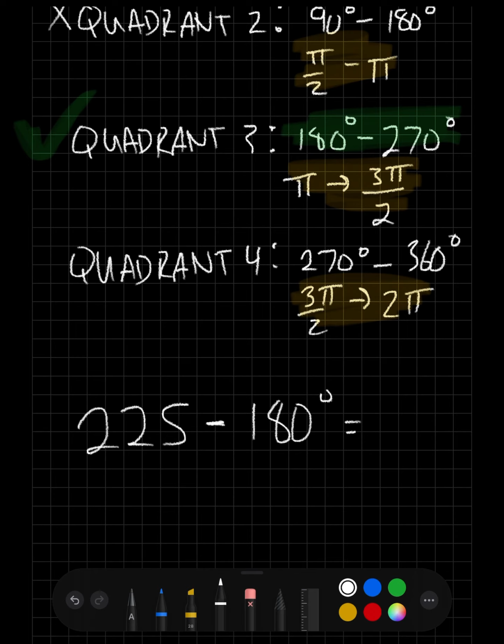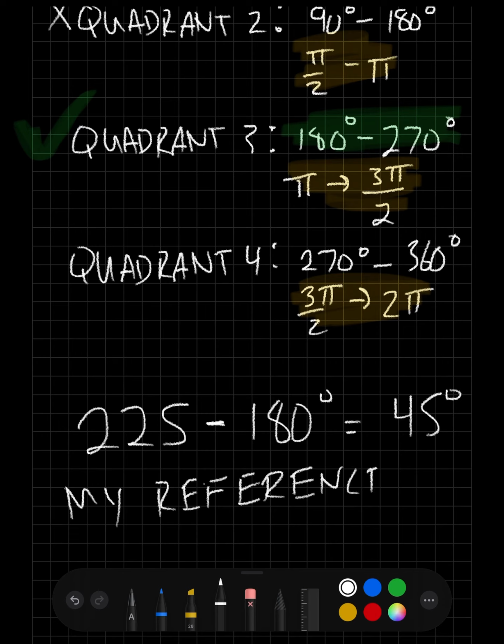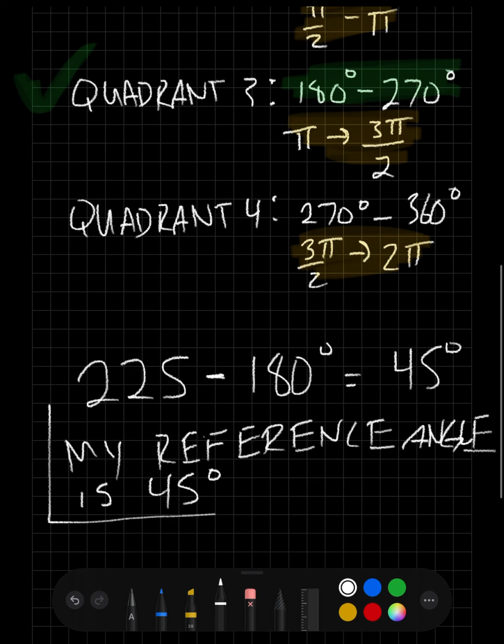When I do that, I get a 45-degree angle. So my reference angle is 45 degrees. And that would be our reference angle there.